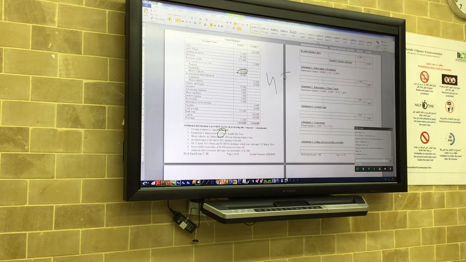So 48,000 multiplied by 0.25. How much does it come to? 12,000. So the depreciation will be 12,000. Here you need to prepare your second adjustment, for depreciation of equipment. You will say depreciation expense of equipment to accumulated depreciation for equipment.